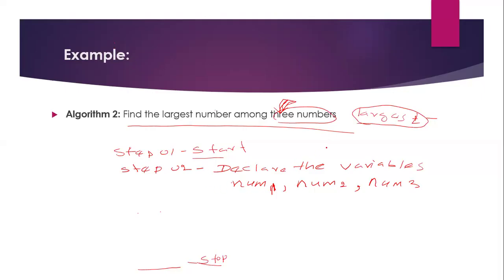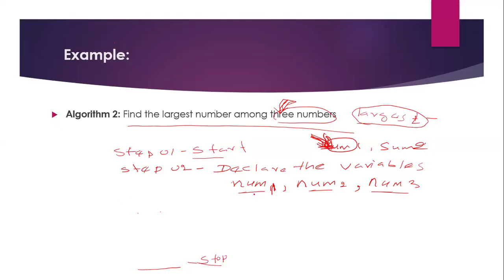Someone I saw declared variables like sum1, sum2, sum3. Normally what does sum mean? Summation. So when declaring a name, try to follow meaningful naming conventions. So I have used num1, num2, and num3.